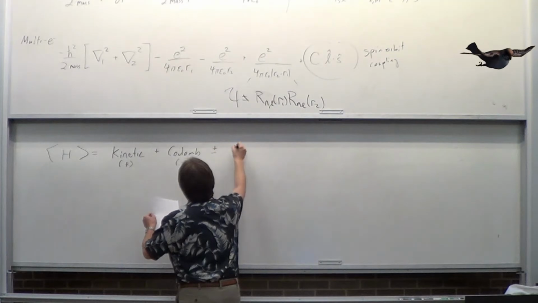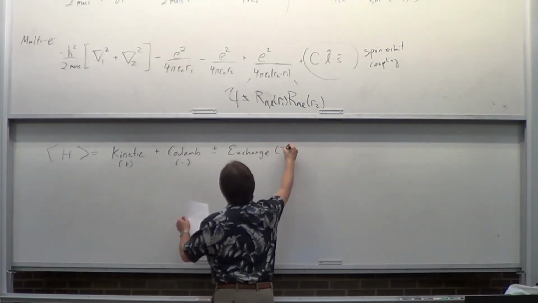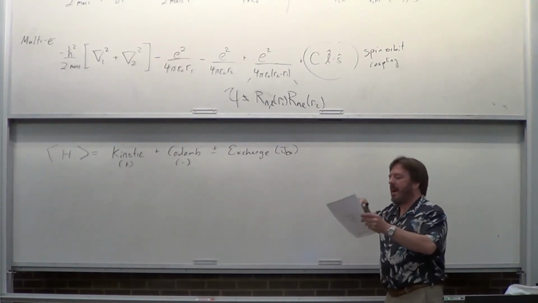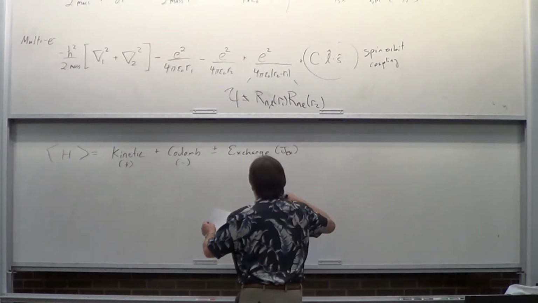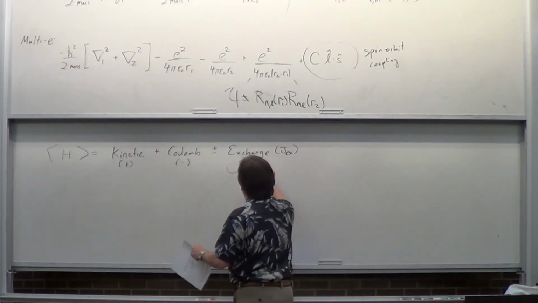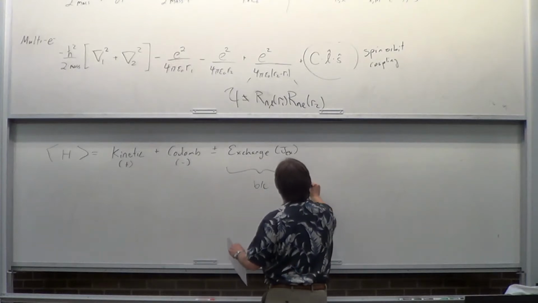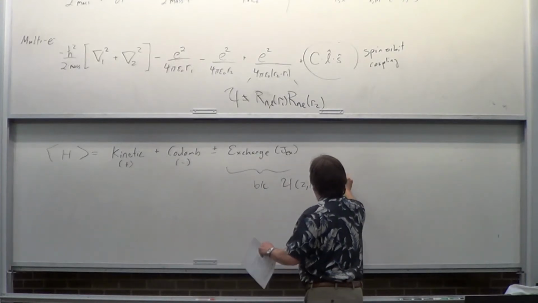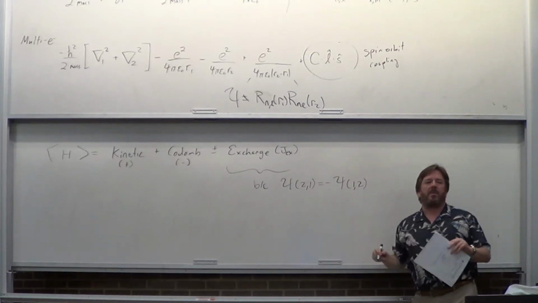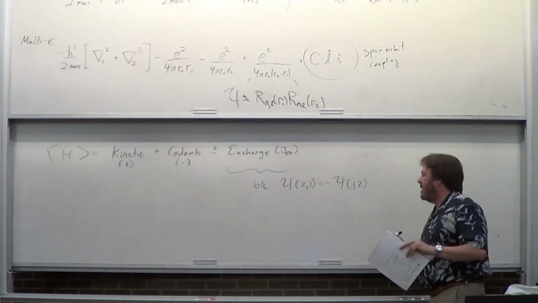An exchange, though, which we often call a J, is just, we have symbols for stuff, right? We get a plus or minus. Now this comes about because of the anti-symmetry of wave functions, which you recall is necessary to prevent you from writing a configuration that is not correct, right?